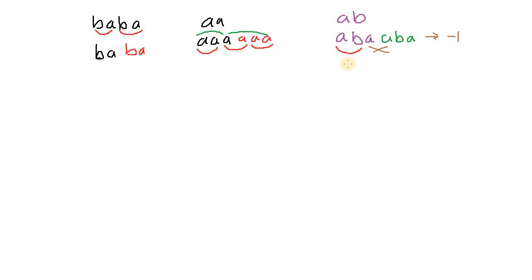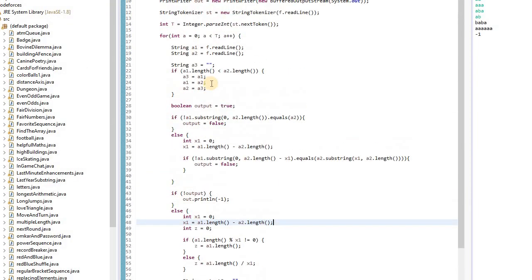Because you don't want a situation like this one, where initially it appears that it's equal, but because of the last character, it throws the whole thing off. So that would be the first test.